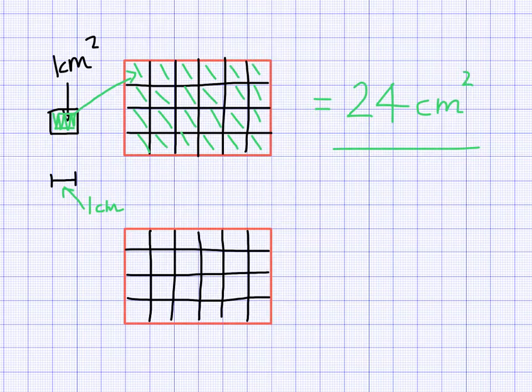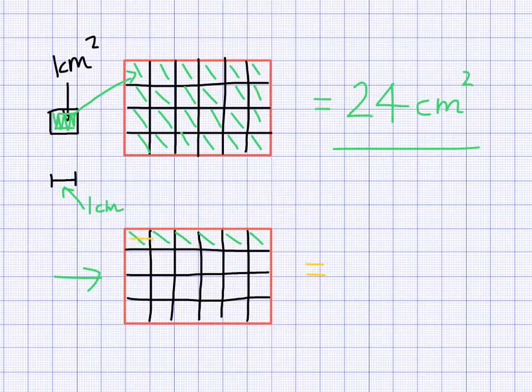Let's try something more efficient on here, and maybe skip counting might be helpful to you. You might know that there are 1, 2, 3, 4, 5, 6 in the top row. So you might be able to skip count or use repeated addition to then work out how many square centimetres there are in the area of this rectangle. You can see it is hopefully the same size as the top one.